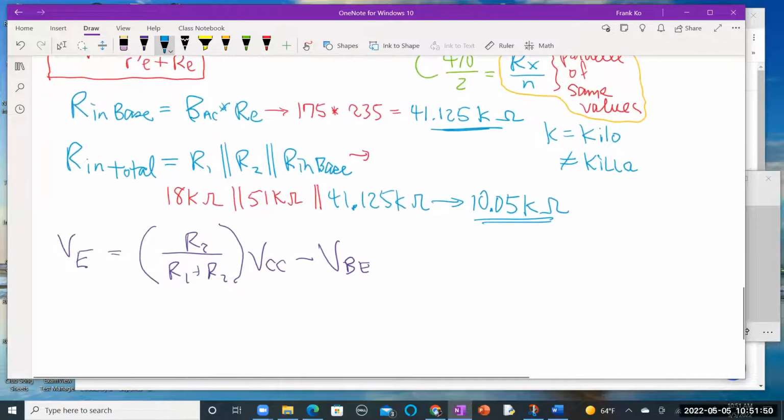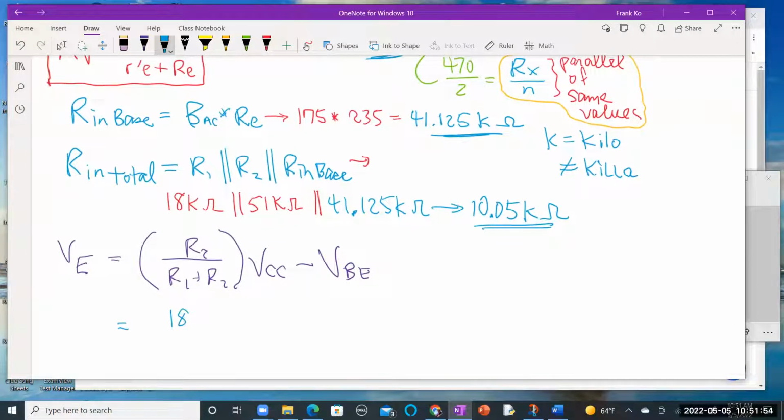So this will work out to be 18 kilo over 18 kilo plus 51 kilo. And then that will multiply by our source of 10 volts and minus 0.7 volts.